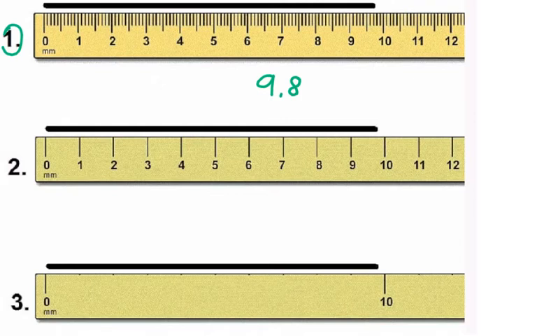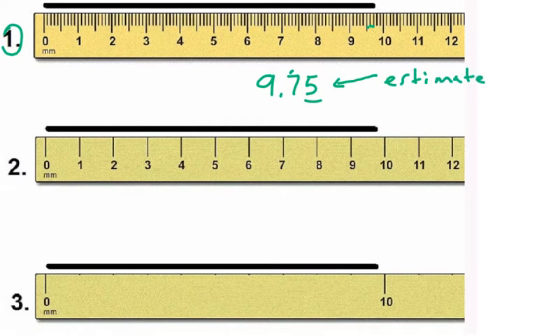Actually, you know what, I think it's 9.7, five, 6, 7, and then just a little bit over, I'm going to go 9.75. So 5 is my estimate.